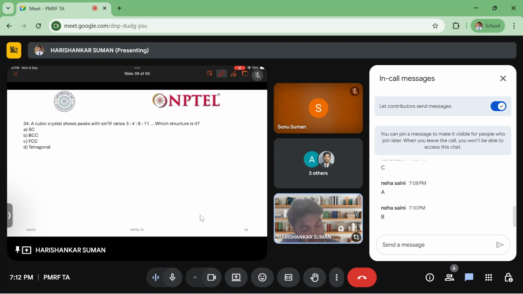The cubic crystal system, the sin squared theta ratio is 3 is to 4 is to 8 is to 11. Which crystal is it? Simple cubic, BCC, face centered, and tetragonal. If a question is asked like that, please find the planes corresponding to this HKL.